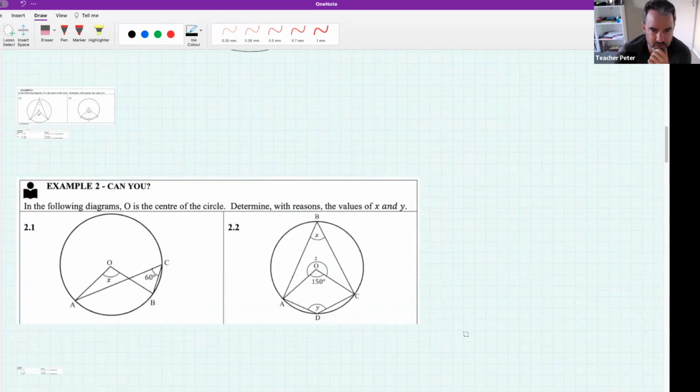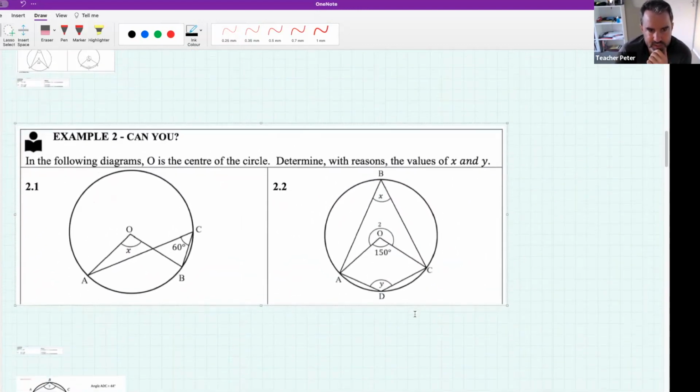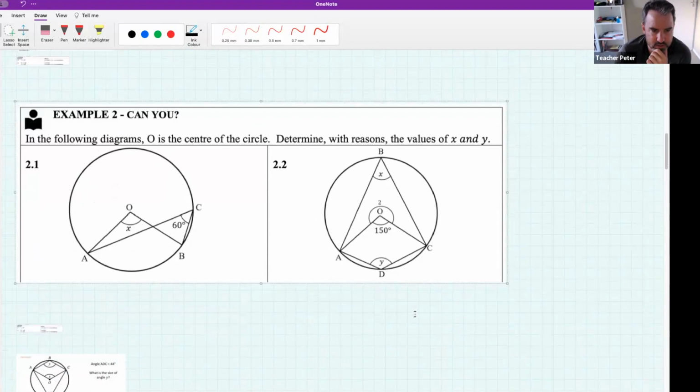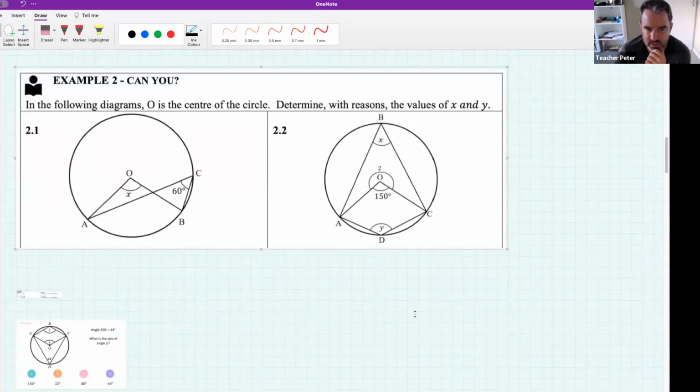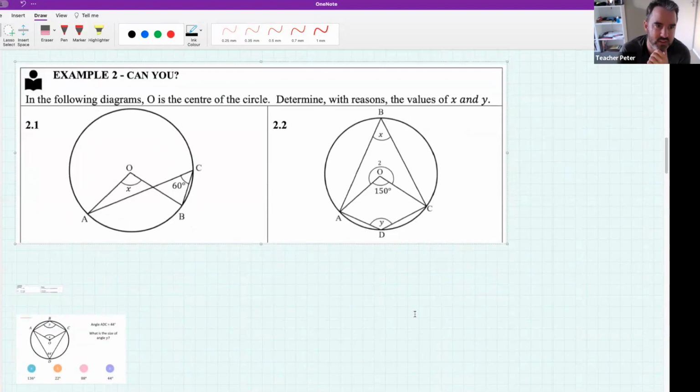Let's start with this one. Can you tell me what the size of angle X is in this drawing? What is the size of angle X, using the theorem that we learned about in the previous lesson? If you're unsure or if it's your first lesson today, I will give you some help.